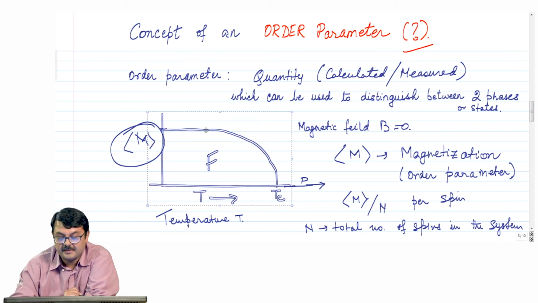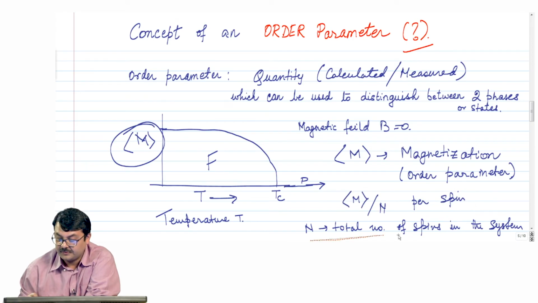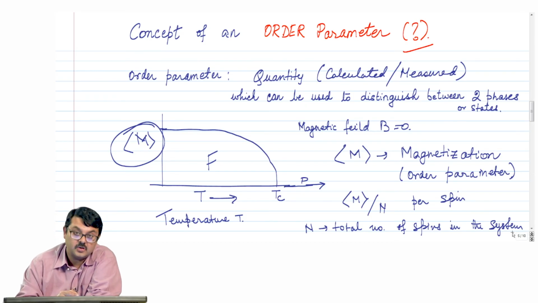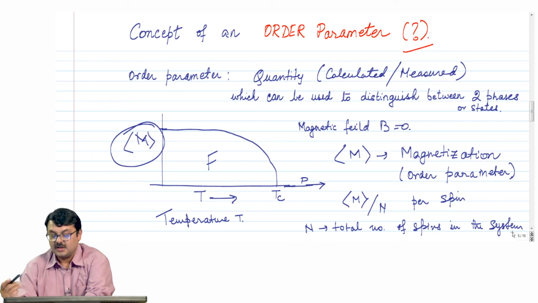So, this is what you would measure in experiments. For calculation purposes, one can also use the magnetic moment per spin, N being the total number of spins in the system, as the order parameter, and we can calculate the average magnetic moment per spin, and that will show some finite value at low temperatures, and above the critical temperature its value will go to 0.